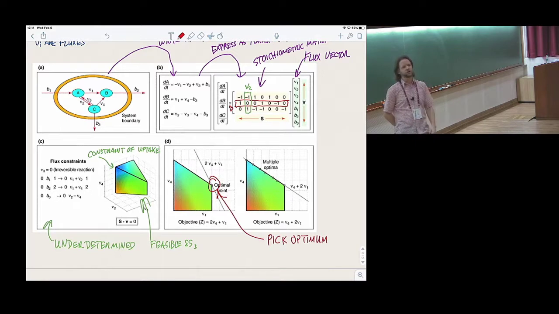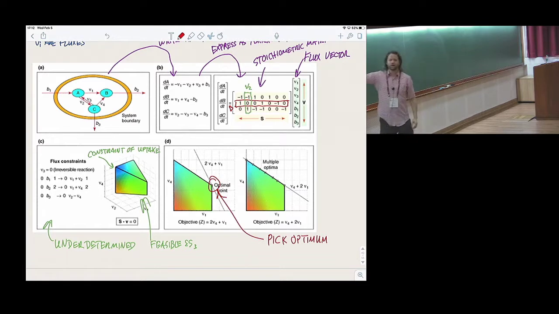People have used this to try to predict what the shape of a tuna should be, based upon hydrodynamics: what would be the most efficient way to swim forever? Or, if a fungus is trying to launch spores, what shape should they be if they're this size? All this sort of stuff. Here we're asking how the metabolism should work to give you the most biomass.